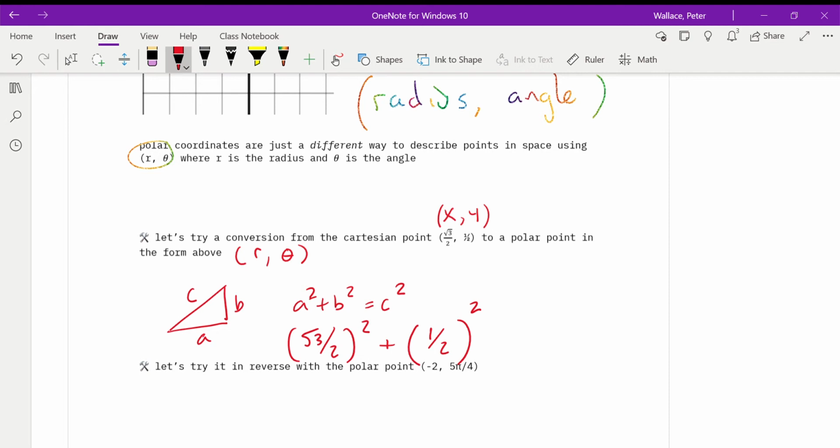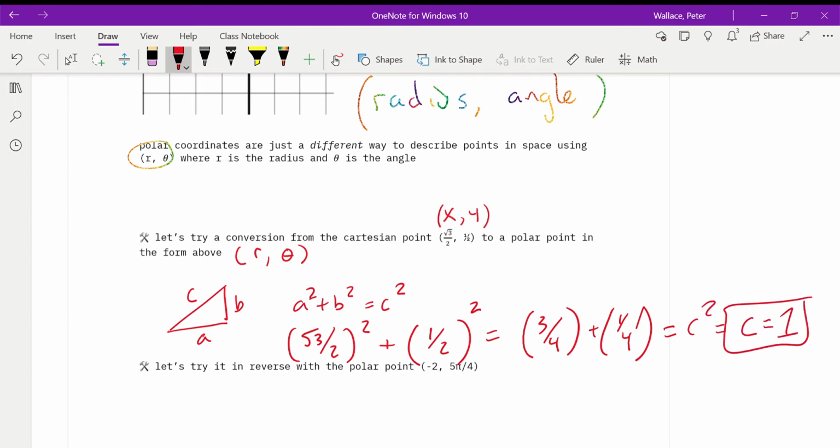So √3/2 squared is just going to be 3/4, and then 1/2 squared is 1/4, so we've got 3/4 plus 1/4 is equal to c squared, so c is just 1.